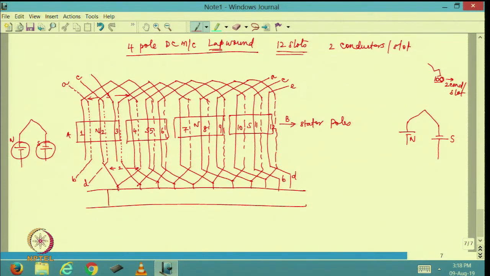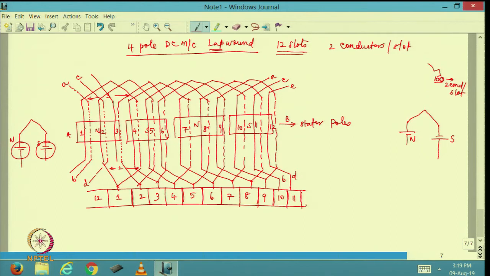So, I can say this is 1, this is 2, this is mica, this is 3, this is 4, this is going to be 5, 6, 7, 8, 9, 10 and 11, and this will be 12, right, which will be connected to the next one which is coming out. We have not still shown what is coming out of here. So, that should also be connected elsewhere. So, this is how the entire thing is going to be connected.